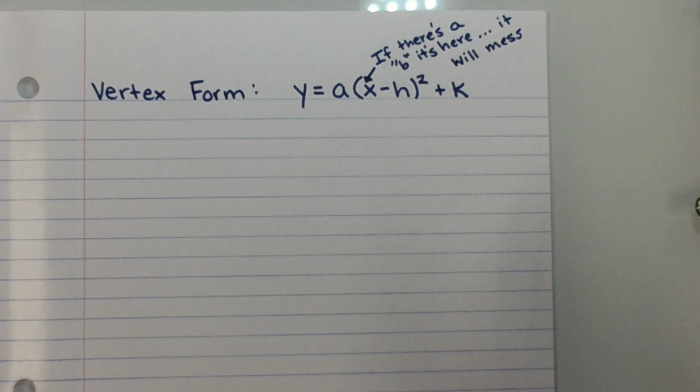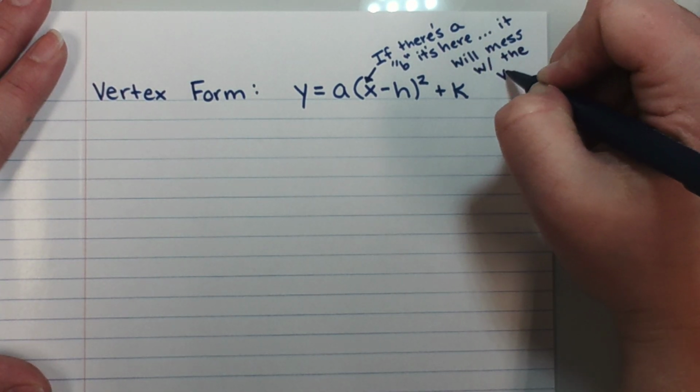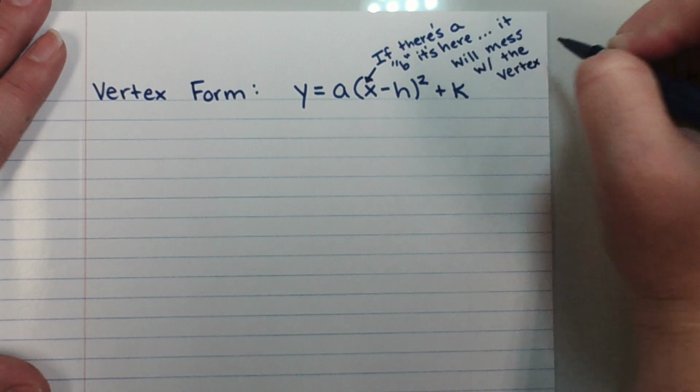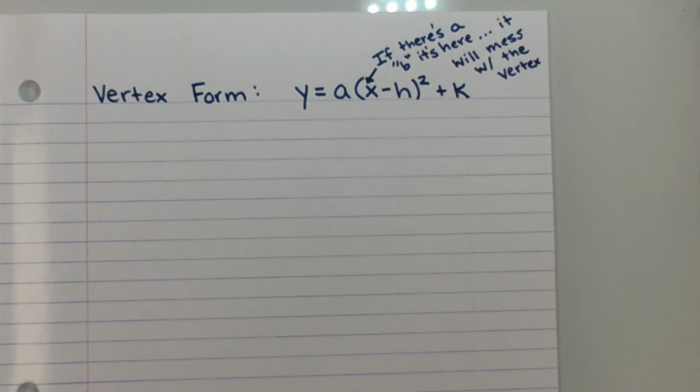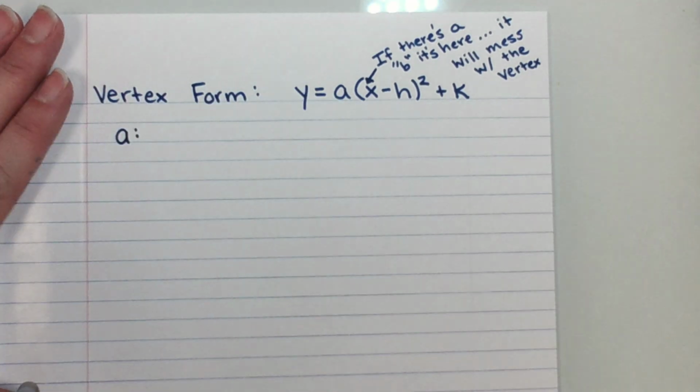Say it will mess with the vertex. We're going to talk about what I mean with that with an additional example at the end. I'm going to clarify that a little bit. When a quadratic equation is in vertex form, A will control two different things.